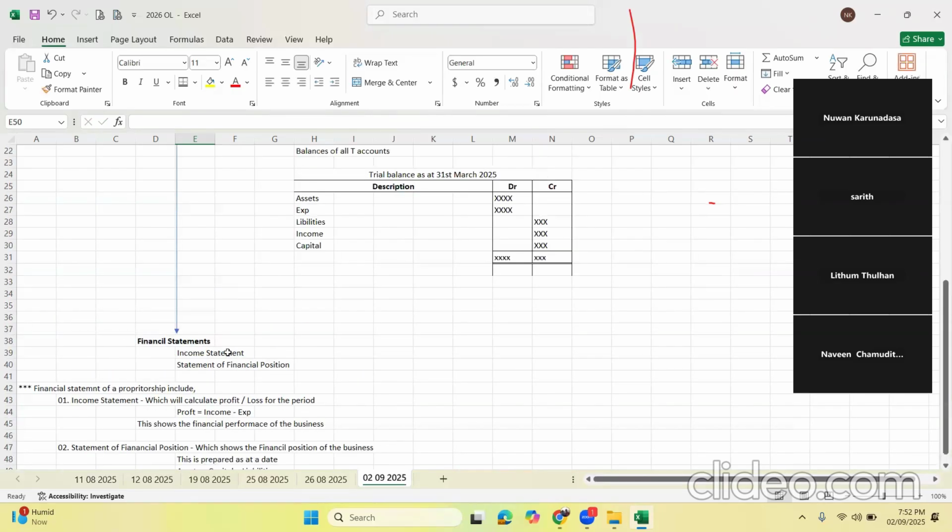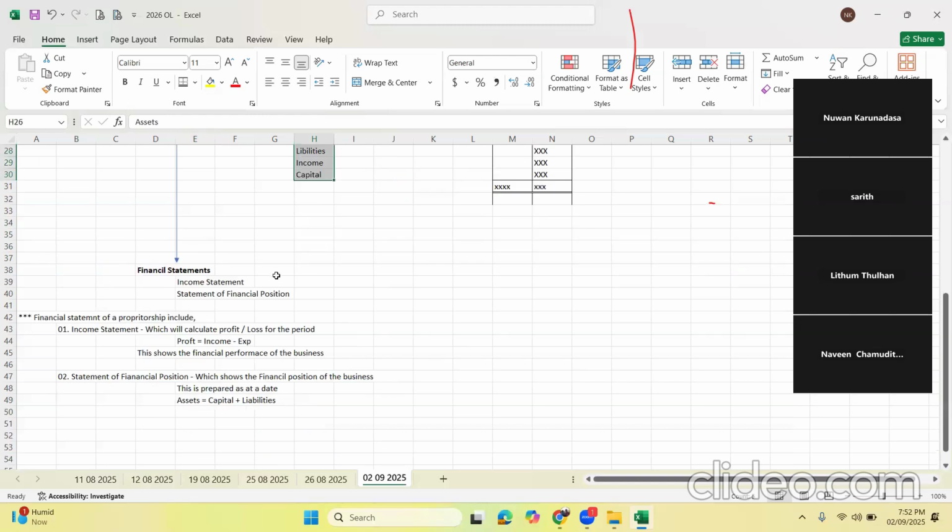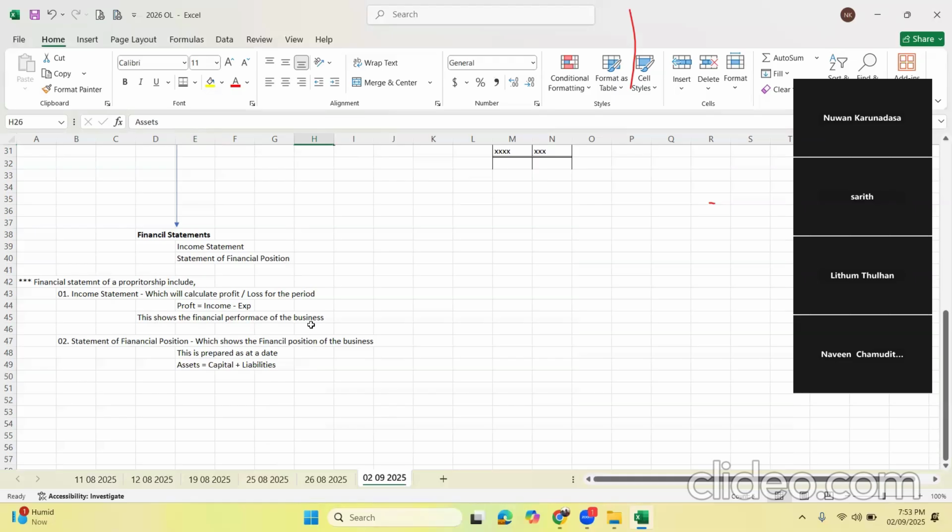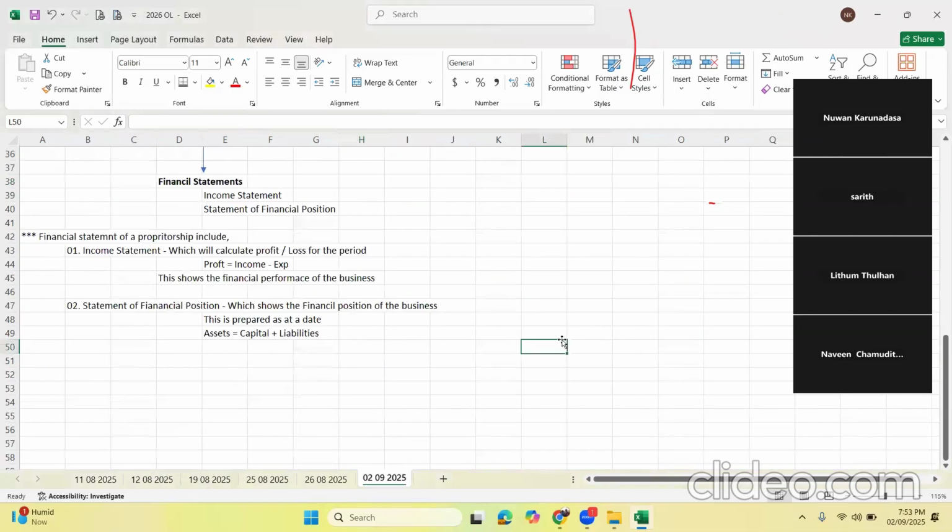Now you can see in the trial balance, we have five types of accounts. What are the five types of accounts? Assets, income, capital, expense, liability. Out of those five, income and expenses are considered in the income statement for profit calculation. Then the other three, assets, liability, capital, are considered in the financial position of the business, right?